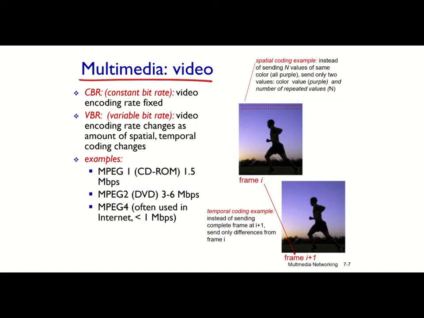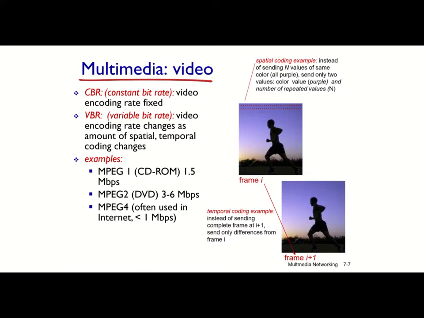We can have a constant bitrate for either the spatial coding or temporal coding, and also we can have a more smart technique, which is a variable bitrate, in which video encoding rate changes as amount of spatial and temporal coding changes. So for example, if you have a very steady scene and it doesn't change very often, so for temporal coding you don't need to have a huge bitrate.